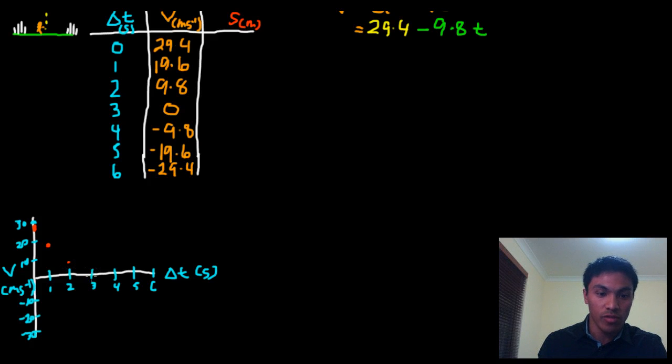At time equals 3, it is 0. At time equals 4, it's negative 9.8. Time equals 5, it's negative 19.6. And time equals 6, negative 29.4. You should notice quite intuitively that it is a straight line.